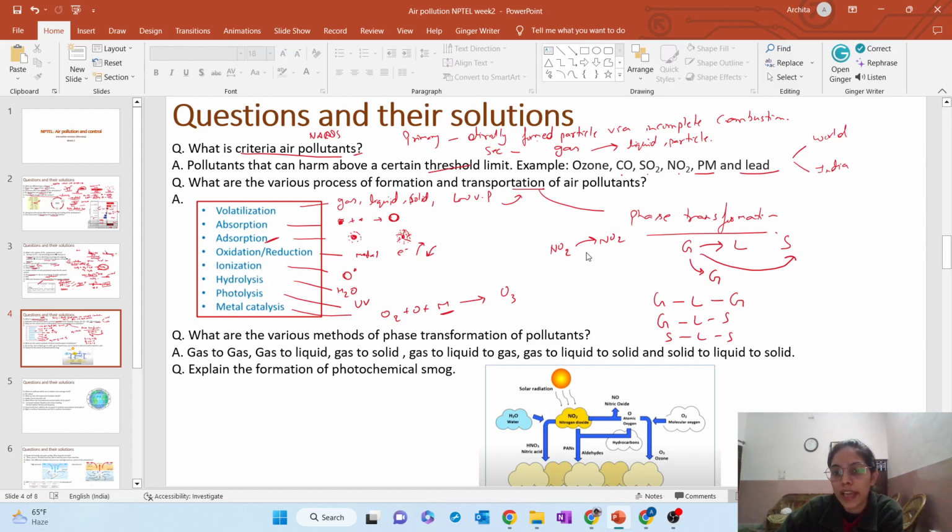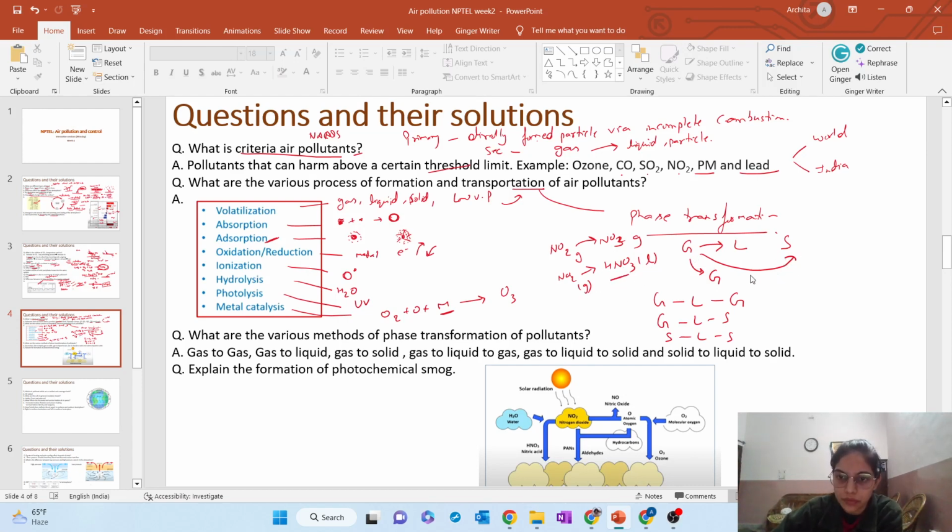So a gas becomes gas after transformation. Gas to liquid means that NO2 becomes HNO3 and becomes acid rain. So this is an example of gas to liquid, when a gas converts into liquid.